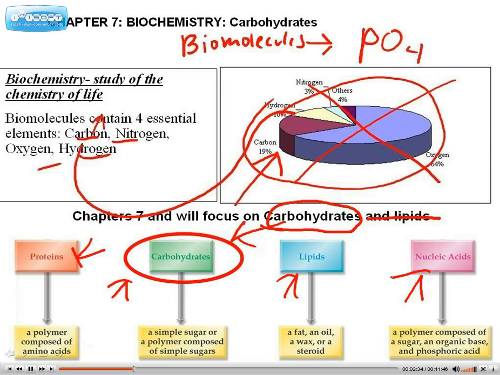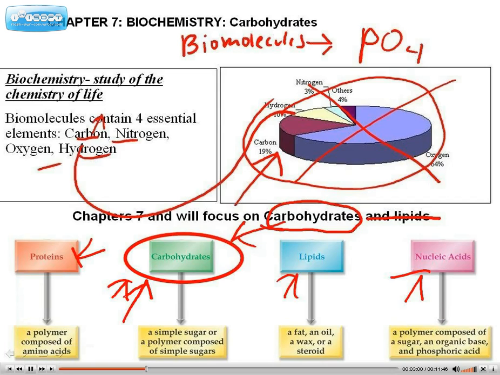Biochemists tend to break these down more by function rather than by the functional groups. They tend to break it down by function in the body, or function within the cell. So right now we're just going to focus on carbohydrates. These are the sugar molecules.